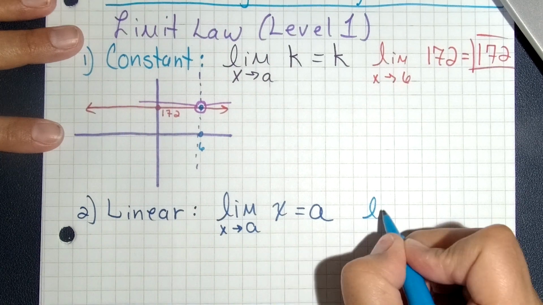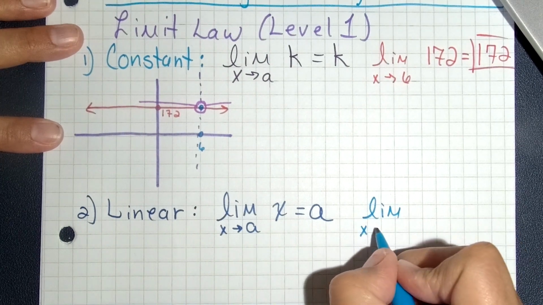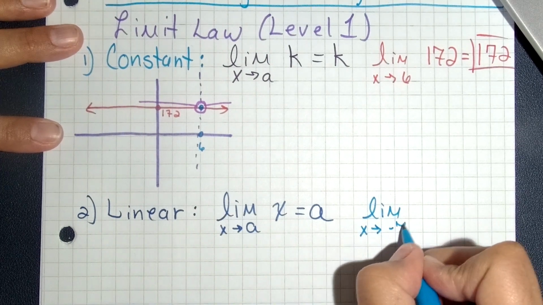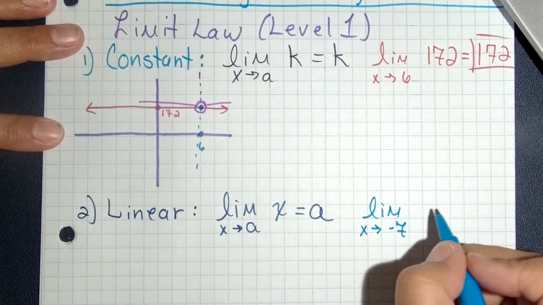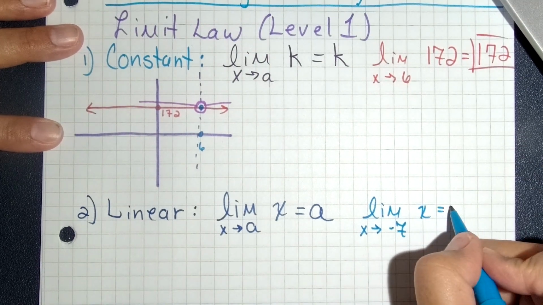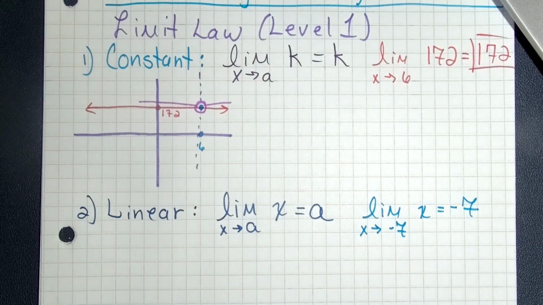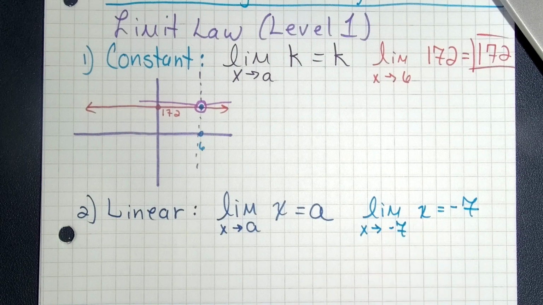Meaning, for example, if we have the limit as x approaches -7 of x, that is just going to be equal to -7. That's an x, just so you guys know.